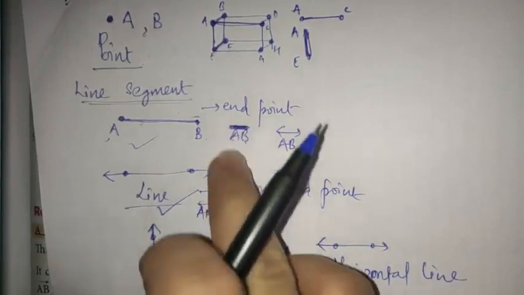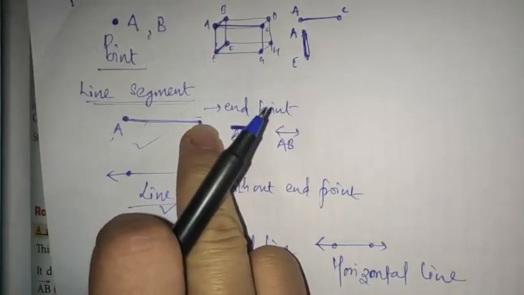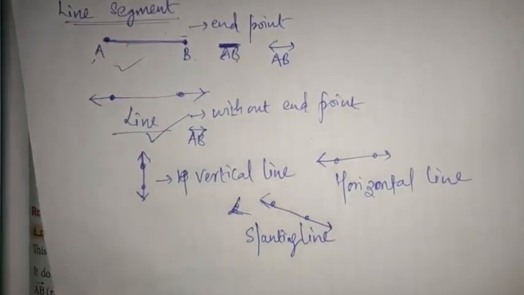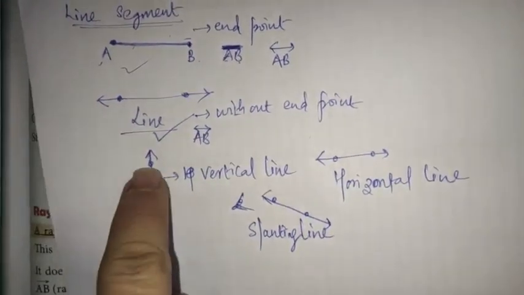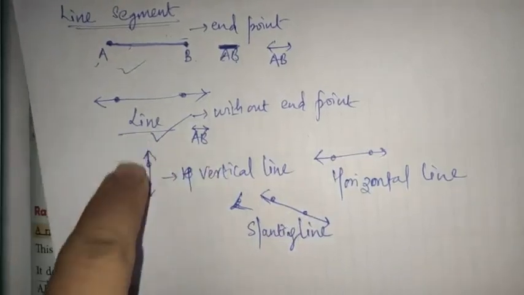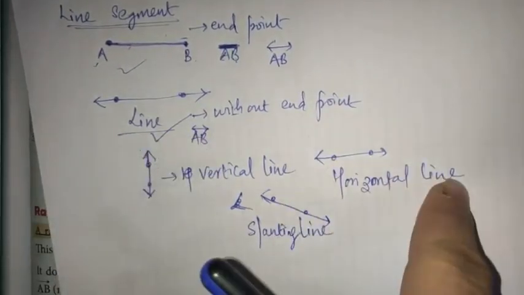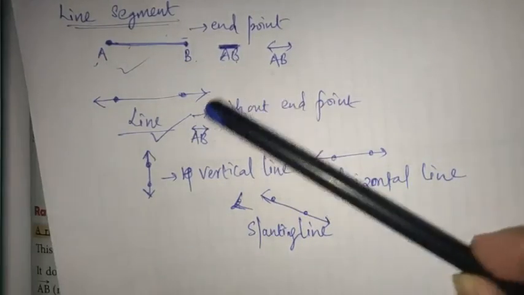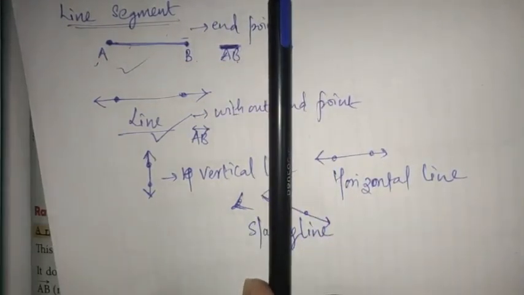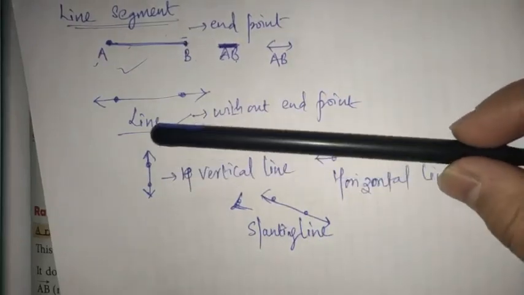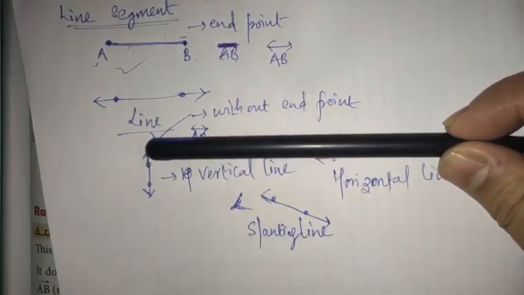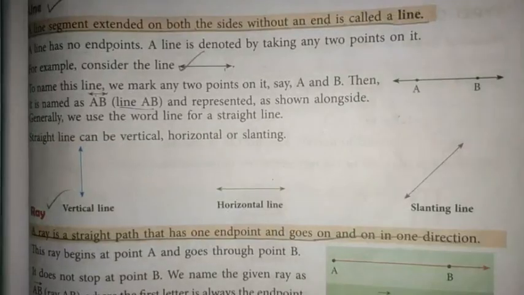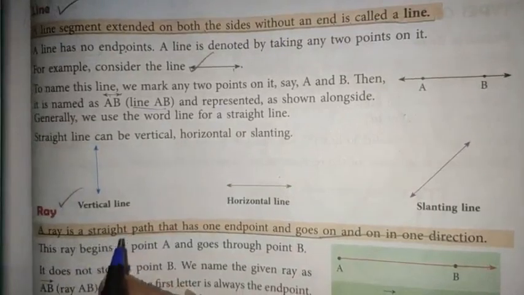There is no such measurement, but for a line segment there will be measurement, like 5 centimeters or 2 centimeters. For a line you will not have such measurement. There were 3 types of line: vertical line, upside down; horizontal line, straight; and the slant one. If you keep your pen or pencil straight like this, it will be vertical. If you keep it like this, it will be horizontal. If you keep it like this, it will be a slanting line.